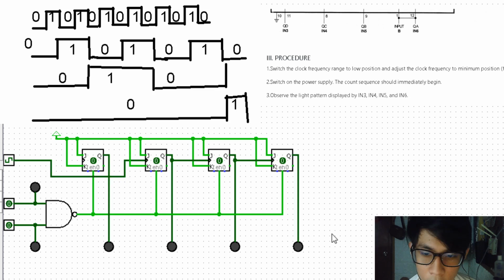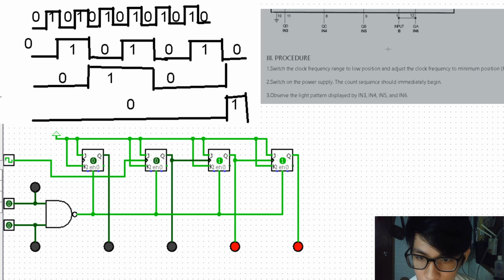As you can see here, if we move the clock pulse, let's try to run it, then it will start at here. So you can disregard the timetable since here we only have 3, since the first one is not included.